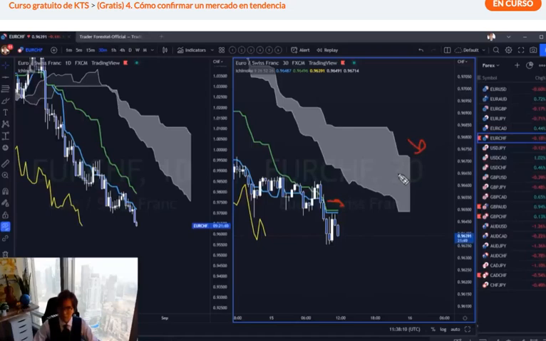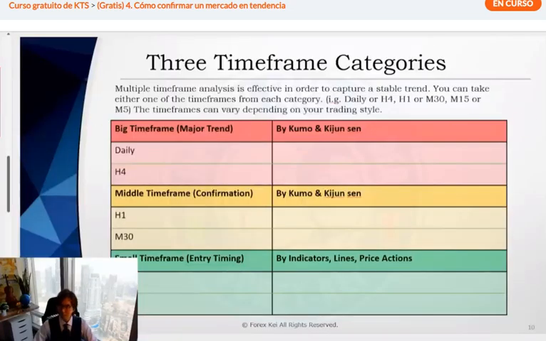So 30 minutes is ranging. It's not downtrend confirmed. So again, on this chart, the daily is down, 1 hour is down, but 30 is flat to me. So we take the daily and 1 hour and look for the entry timing based on the 5-minute time frame.